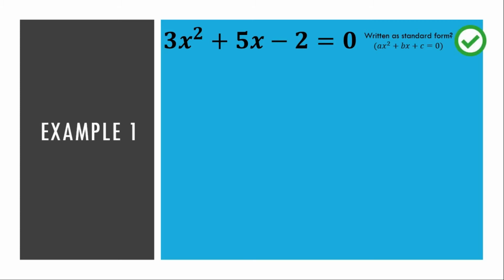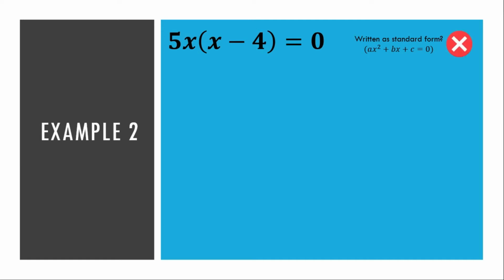Ngayon, alamin natin yung value ng ating a, b, and c para sa equation na to. Yung a is the numerical term for your quadratic term. So, hanapin nyo yung may pinakamataas na exponent. So, kay 3x squared yan. So, ang numerical ni 3x squared ay 3. Si b naman, kay linear term, that is 5, and c is negative 2.